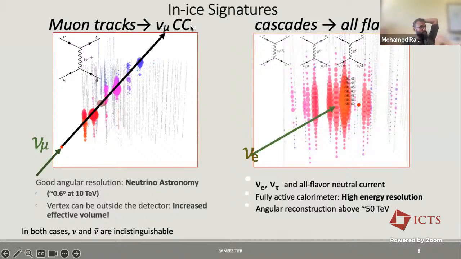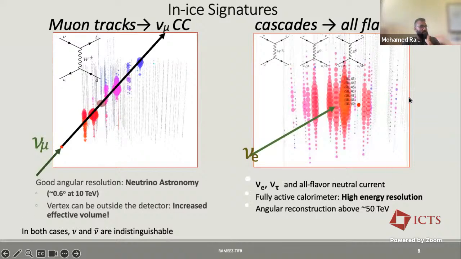But this effectively means that you have an effective volume that is much larger than the instrumented volume. So even though the detector is 1 kilometer cube, if you're looking at track-like events, you have effective volumes as large as tens and hundreds of kilometer cube, because we don't need to look at only interactions happening within the detector.